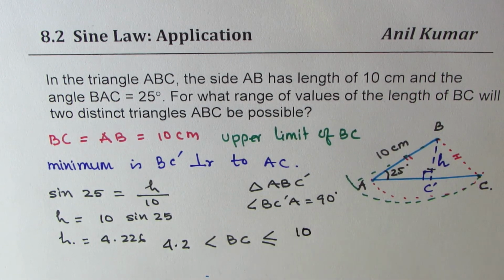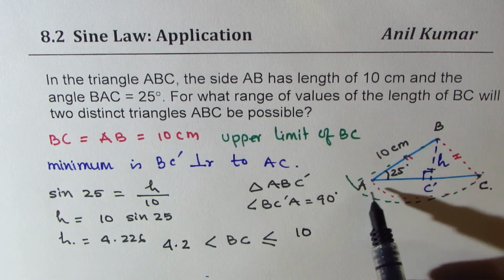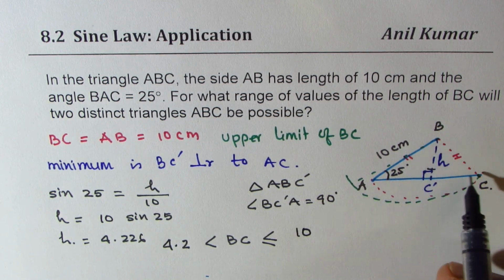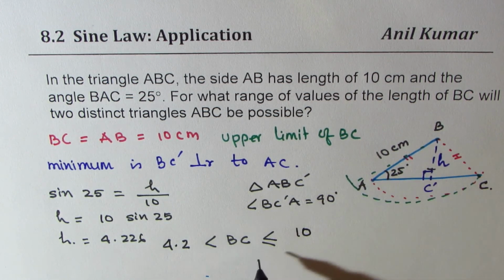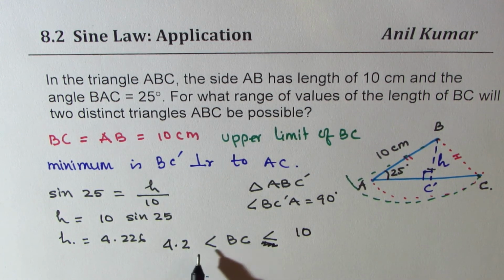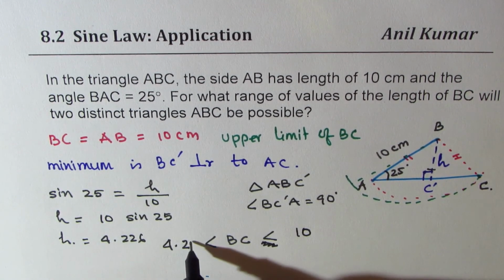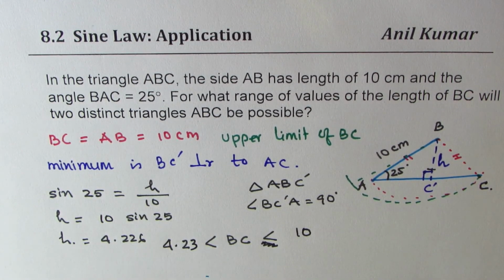Because if it is 10, that is also practically not a triangle, so we'll leave it. So BC has to be in between 4.2 and 10, right? Rounding our decimal place, let's say 4.23 to be better off, in centimeters.